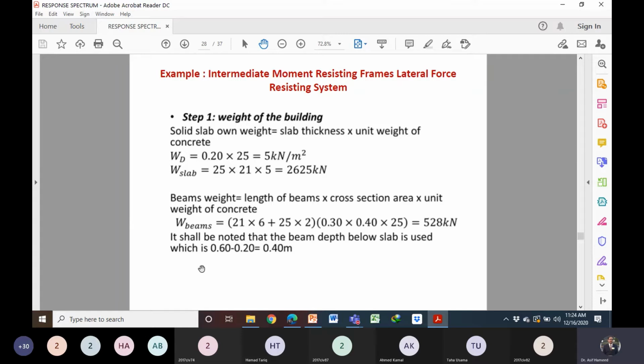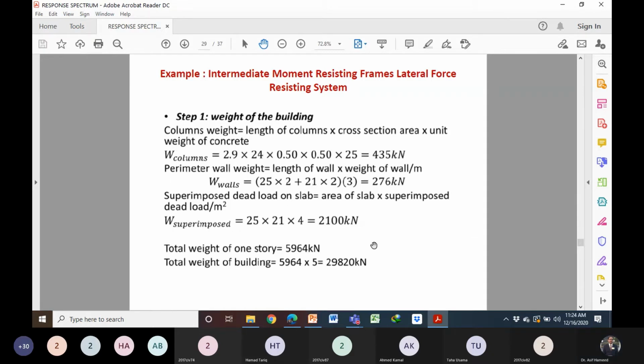We subtract the thickness of the slab from the depth of the beam, so the remaining depth is 0.40. So 0.30 multiplied by 0.40 is the cross section, and then we multiply with the unit weight of the concrete. So we will have the weight of all the beams.